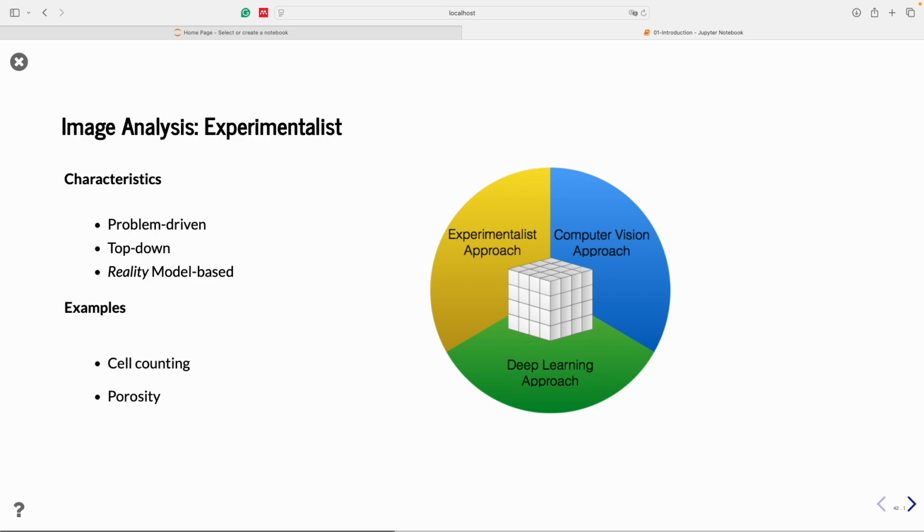The experimentalist goes with a problem-driven, top-down approach, and usually there is a reality that they try to model and follow. Examples would be cell counting or porosity measurements or something like that. That's really related to what the experiment is about.